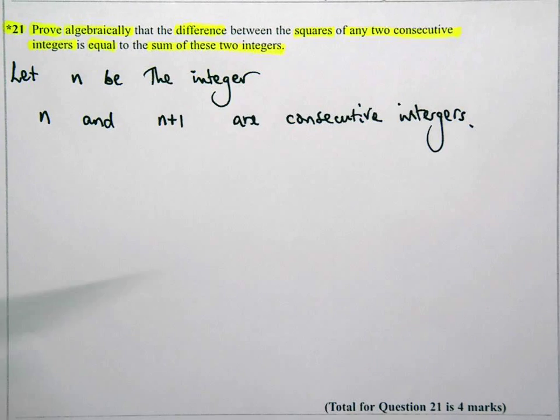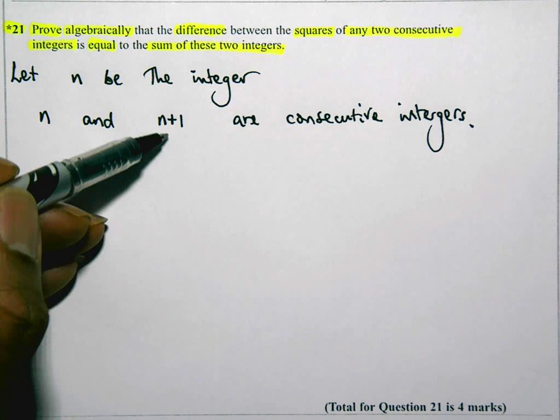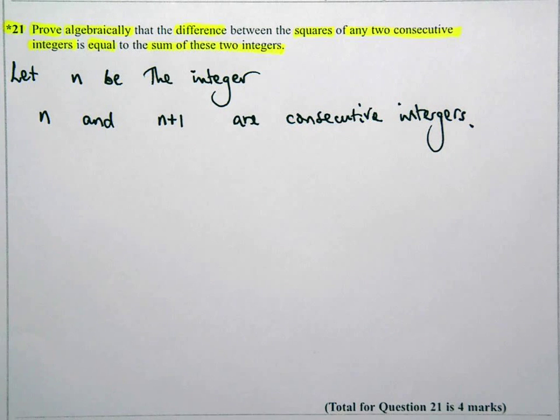Consecutive means one after the other. So the numbers 2 and 3 are consecutive because 3 comes after 2. So consecutive numbers are numbers that are coming right after each other. So if a particular number is n, the number directly after it is n plus 1. So those two are two consecutive integers.